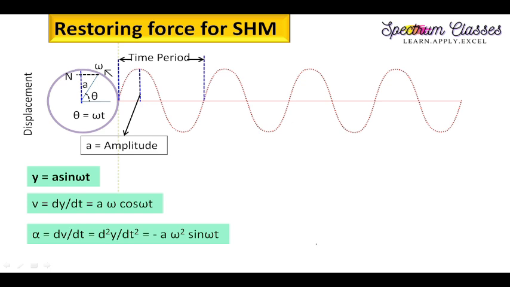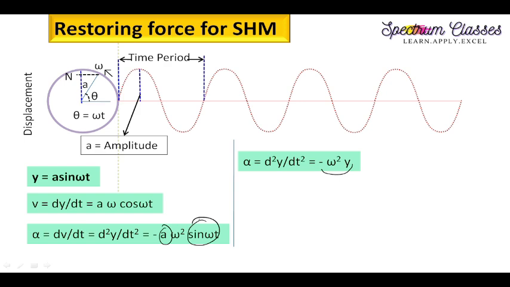So I hope this is easy for you to understand, and this alpha can also be written as minus omega square y. Why omega square y? Because a sine omega t is equal to y from here, right? So in that sense, we have written minus omega square into y over here.